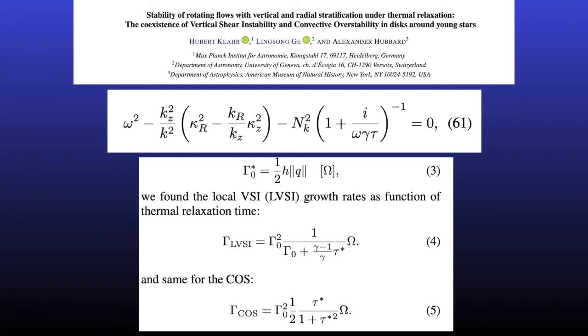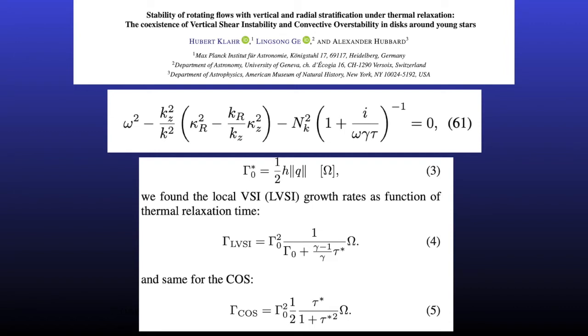If you're then interested in cooling times beyond a certain threshold, which was investigated by Lin and Youdin, we see that the local growth rate, meaning not the fundamental modes but just some little local vertical shear instability modes, the local VSI, scales with gamma 0 squared divided by 1 plus gamma 0 squared, this being for the case of zero cooling time.